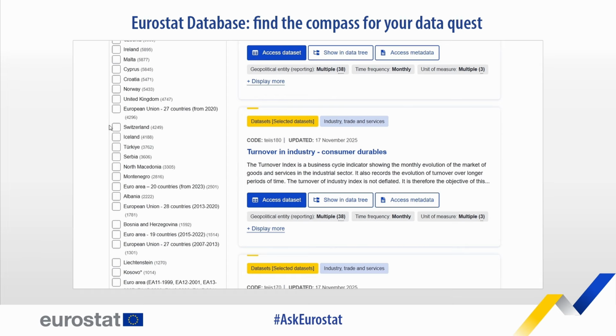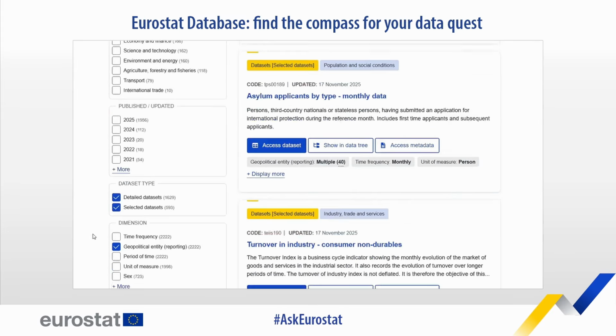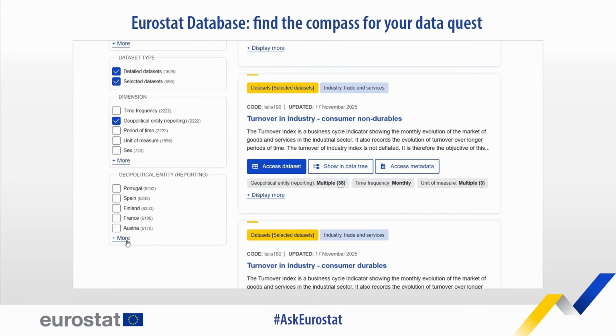However, enlargement countries are not legally obliged to transmit their data to Eurostat. This means that you will not always find information for countries such as Albania or Montenegro in every data collection or dataset. To check this quickly, we can start by selecting this dimension and then choosing the country we are interested in, for example, Albania.